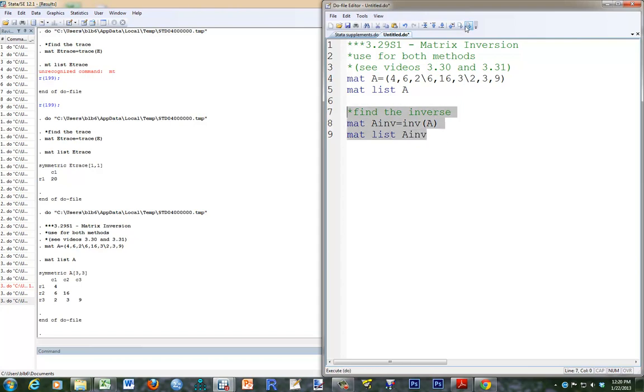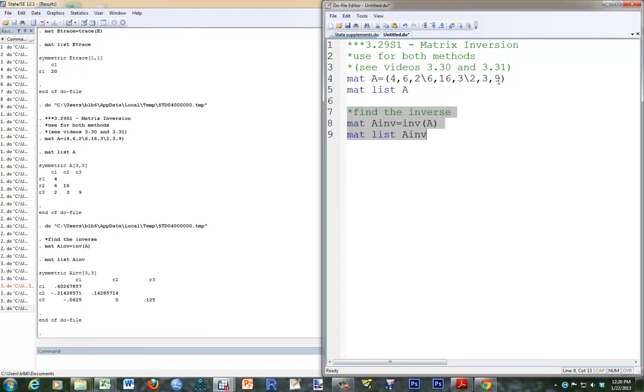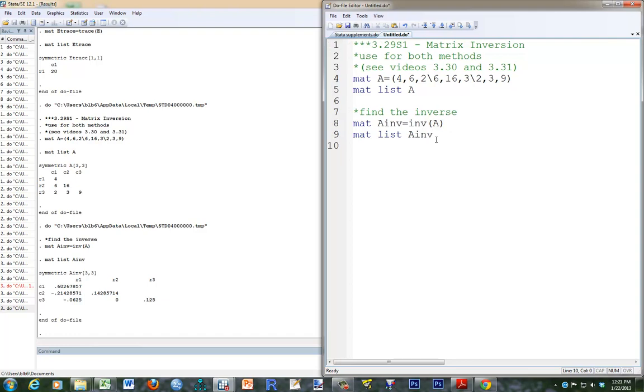See if that works. Right, so it gives us this matrix with decimal points and whatnot, that is what we found when we did it by hand, using matrix inversion by the method of cofactors. And this is a really easy way to do this in Stata.